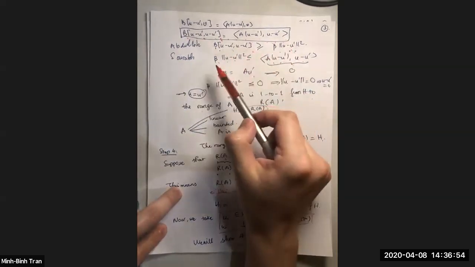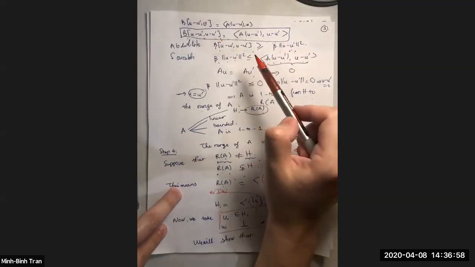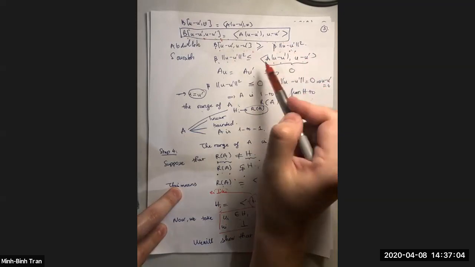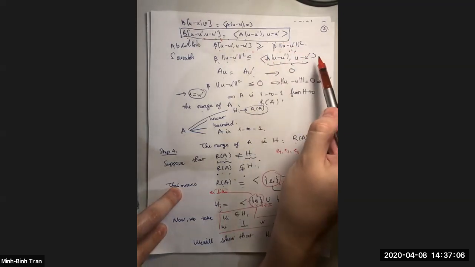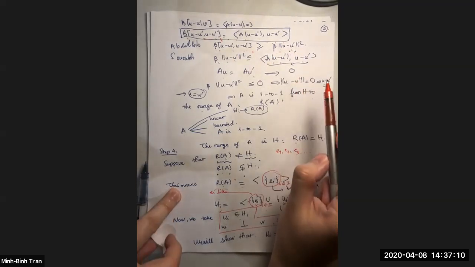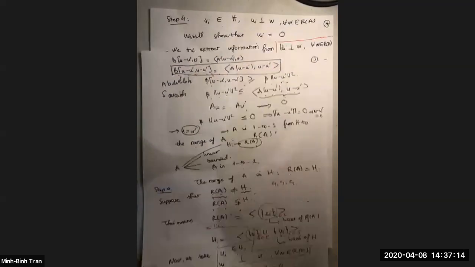And then Sourav said, okay, fine. If you apply this coercivity to the equation, you have beta times the norm of u minus u prime squared is going to be smaller than something which is 0, meaning that u minus u prime has to be 0, or u has to be equal to u prime, right?